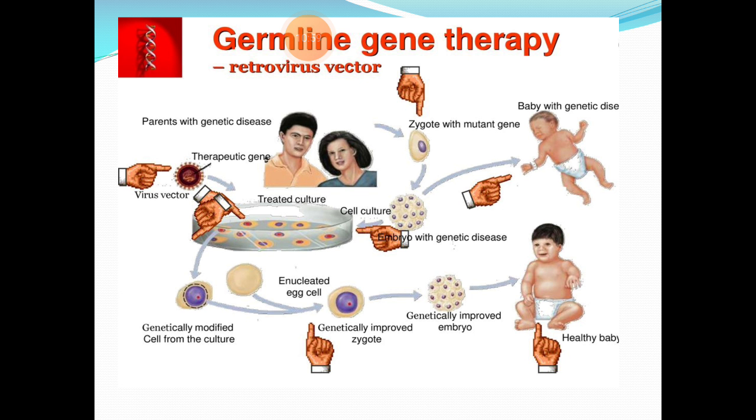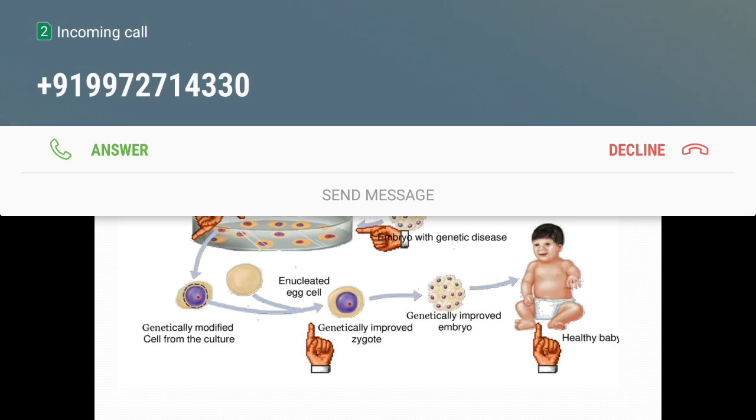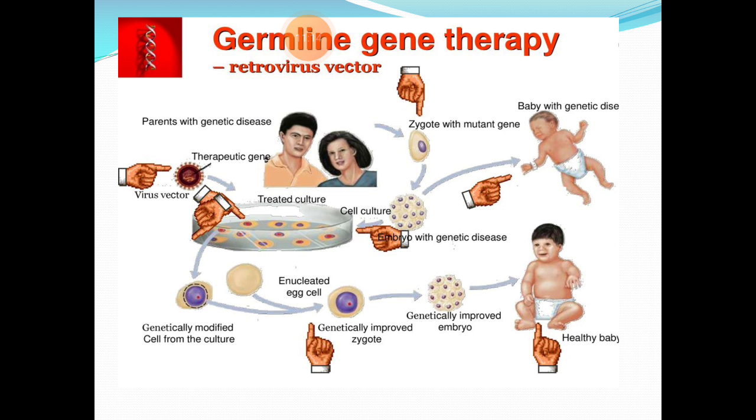And now what you have to do is, you have to take the ovum with the nucleus removed. You have to take the ovum without the nucleus, that we call an enucleated egg cell. You can club the enucleated egg cell and the genetically modified cell from the culture, and you will get a genetically improved zygote.